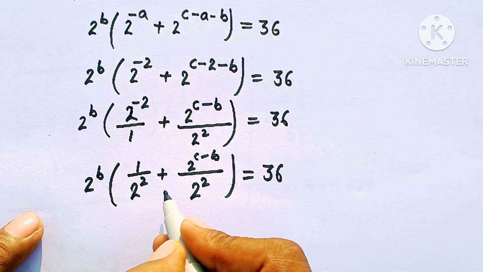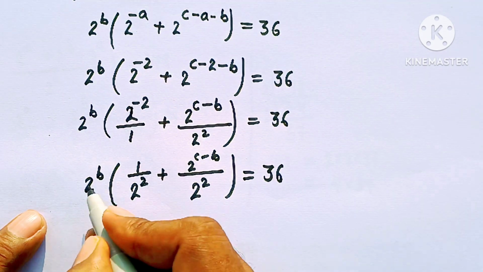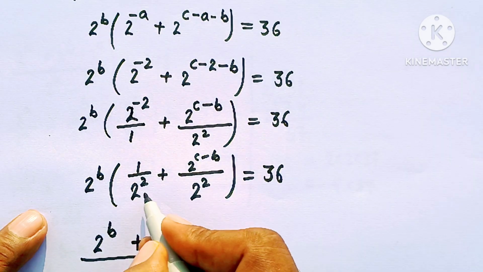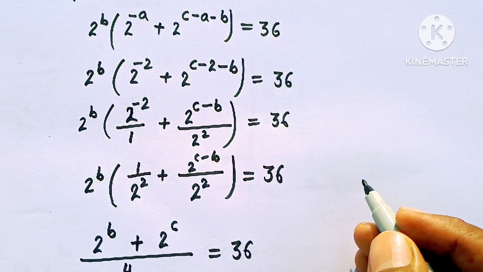Now 2 to the power b is going to multiply here, also 2 to the power b will multiply here, so we have 2 to the power c, divided by 4, is equal to 36.